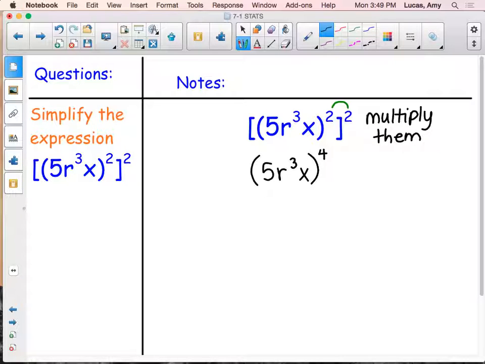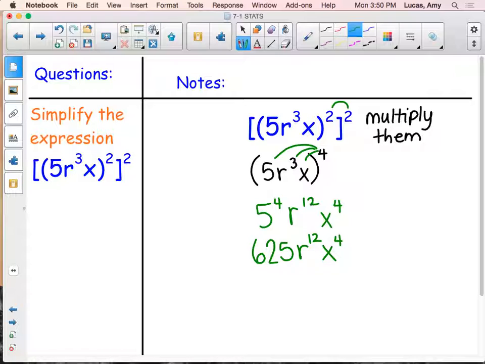Then you can distribute to everything inside. So 5 to the 4th, r to the 12th, x to the 4th. 5 to the 4th, 5 times 5 is 25, times 5 is 125, times 5 again is 625. So r to the 12th, x to the 4th.